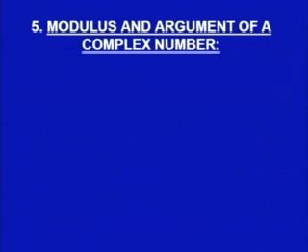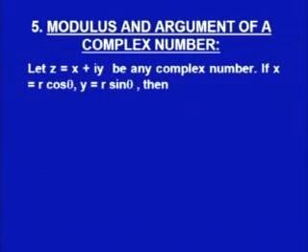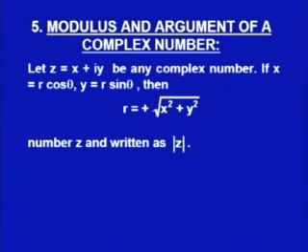The next property, we take modulus and argument of a complex number. Now, if z equal to x plus i y is any complex number and we take x equal to r cos theta and y as r sin theta, then from these two expressions we can calculate easily that r is equal to the positive value of under root x square plus y square, the sum of the squares of the real and imaginary parts of the complex number.